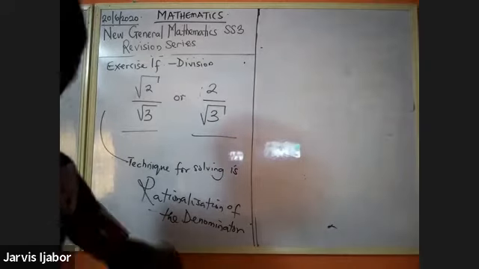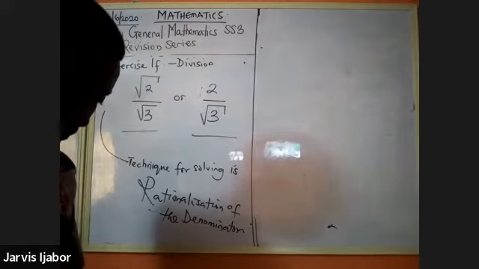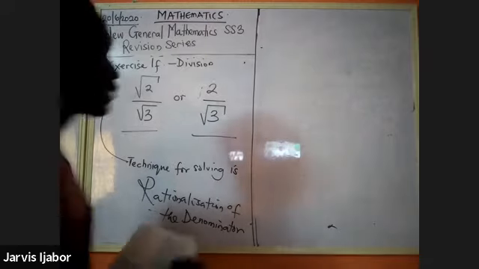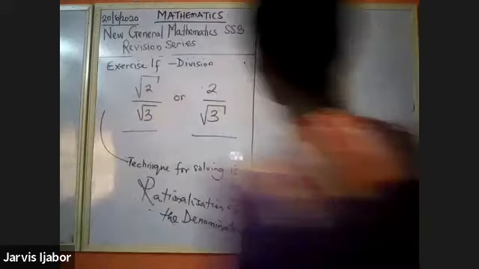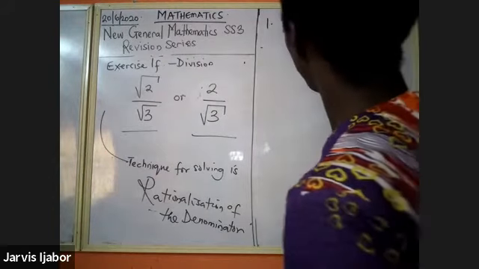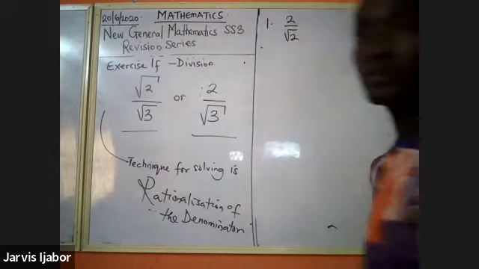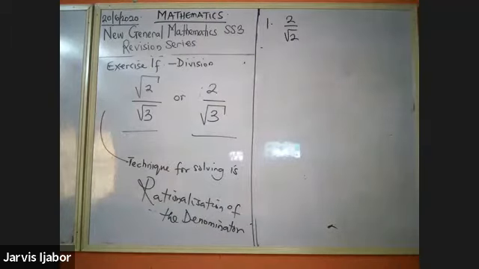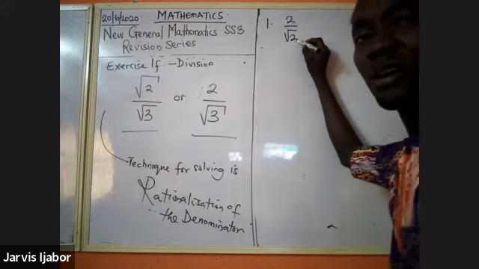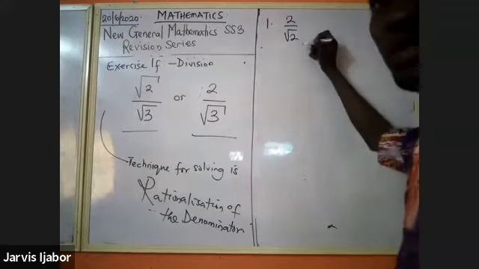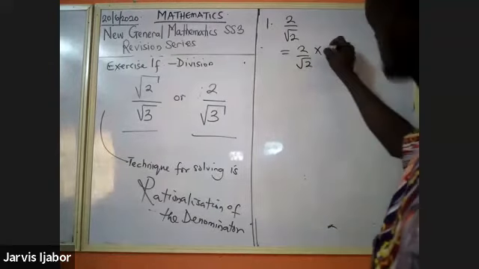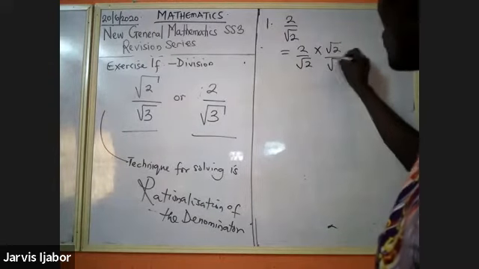So let's look at classical examples to help us solve that. Now look at question 1. 2 over root 2. So what do we do? We will multiply the numerator and the denominator by root 2. So this will now give us 2 over root 2 times root 2 over root 2.